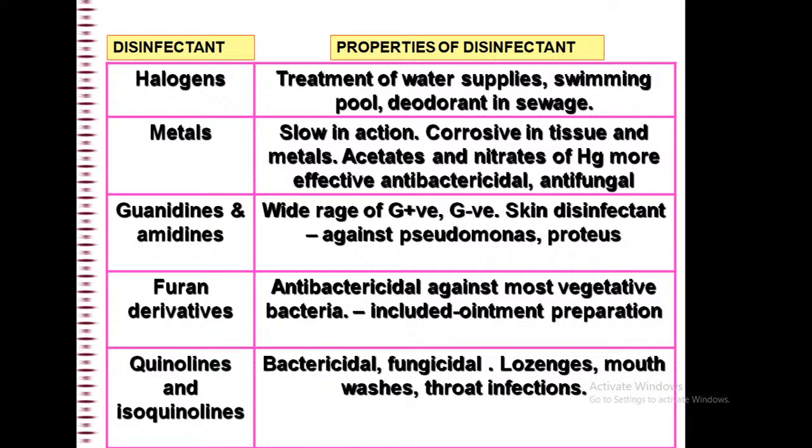Next one, halogen. Halogens are used for the treatment of water supplies, swimming pools, and as a deodorant in sewage. One example, fluoride.